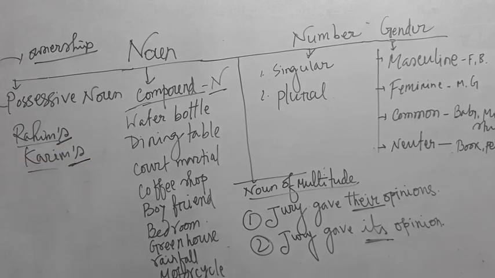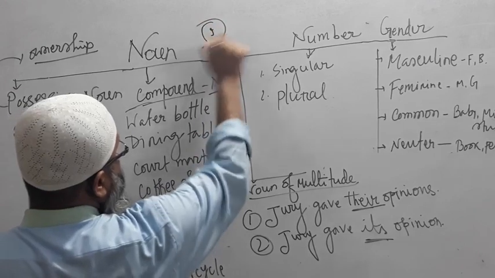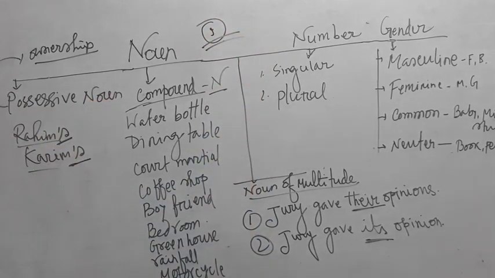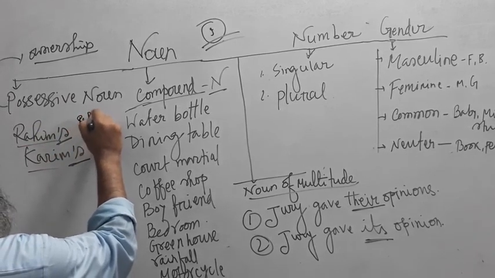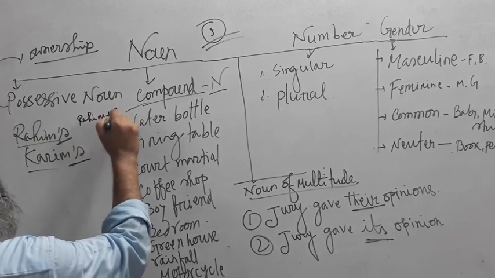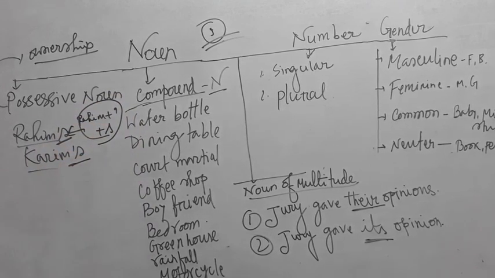See that apostrophe s. What is apostrophe? You know what is apostrophe? This is called apostrophe. So by adding this apostrophe with a noun, see that Rohim plus apostrophe plus s, in this way you can make Rohim's. Suppose this is our school, this is Rohim's school, this is Orim's school, we can tell.